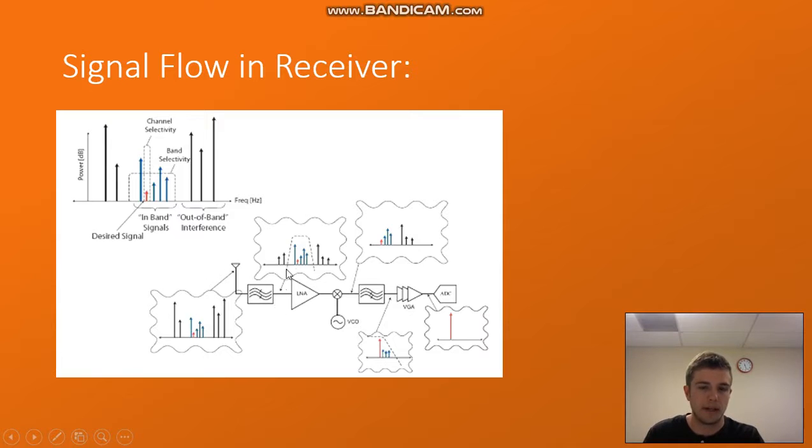It's brought in, the bandpass filter separates it out, and through the low noise amplifier and the mixer, it's still a small signal, and it goes through the low pass filter here to get rid of these signals here, and it goes into the variable gain amplifier. So it takes the gain, and we add a lot of gain to our signal, because it's a soft signal and we want to make it loud.